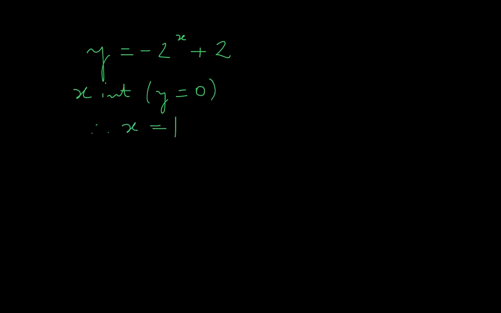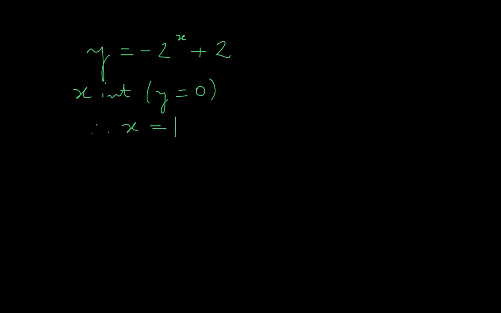Okay, so we've chosen a function y equals minus 2 to the x plus 2. We said that this function has an x-cut. So I looked for the x-intercept by making y 0. And therefore, we got the x-intercept as 1.